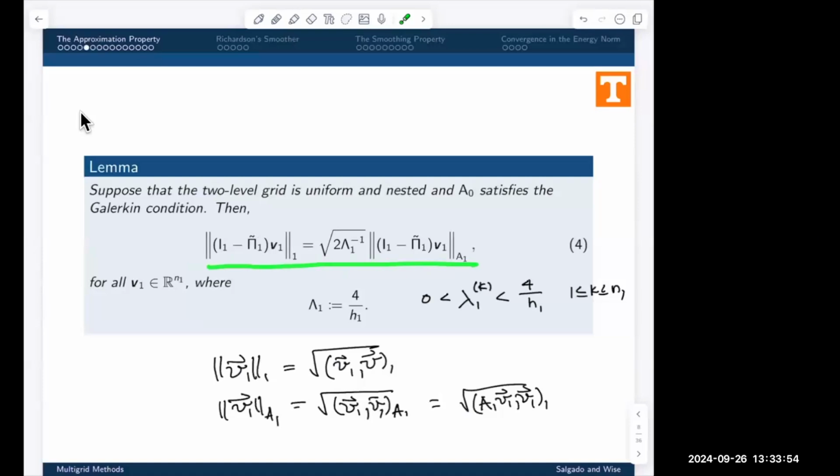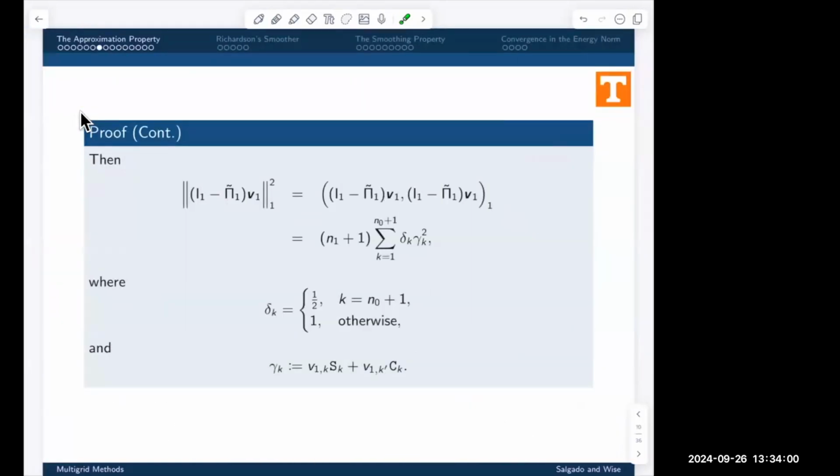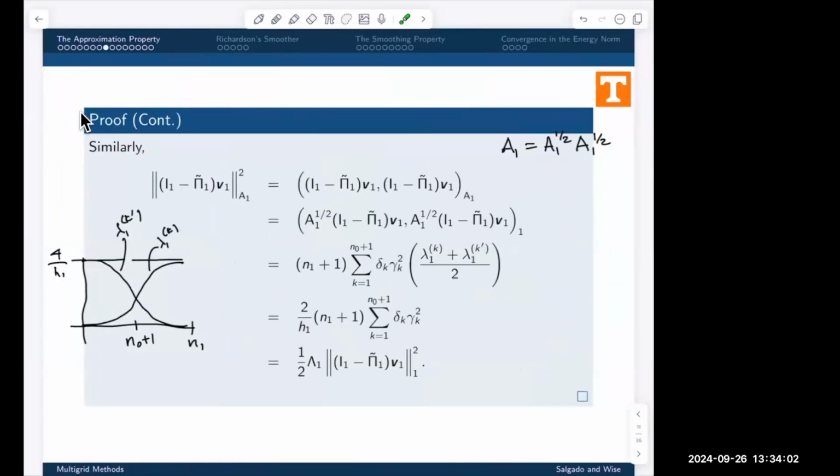Question. Yeah, I think you go back to the drawing you drew. I think I have a nicer argument because we know lambda 1k and lambda 1k prime are just sine squared and cosine squared, so they add up to one.